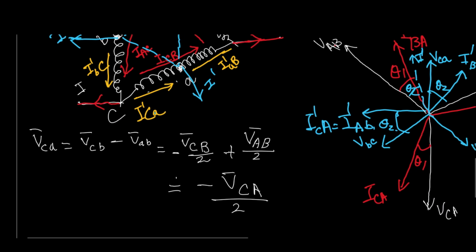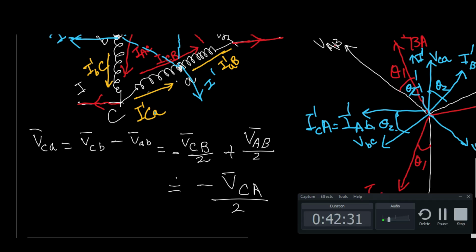So that is why we have drawn it diagonally, meaning V small ca is 180 degrees apart from V capital Ca.